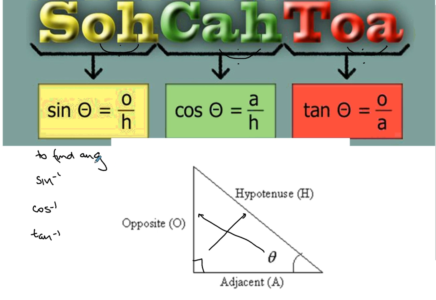And again, if you remember things funnily, you remember it. So that minus 1, instead of saying minus 1, say sine of which angle? So anytime you want to find an angle. All right, let's get on with the questions.